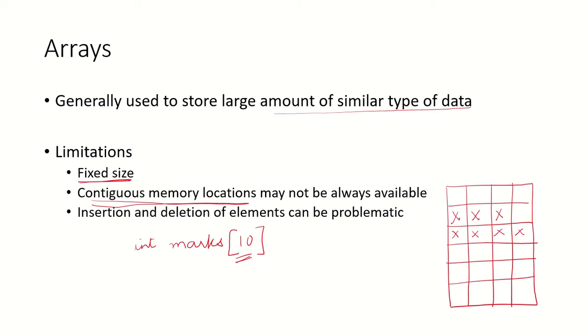So they are using consecutive memory locations. Many a times if the contiguous memory locations are not available, so suppose you had an array that was supposed to have 100 elements, and if 100 consecutive memory locations are not available, then that might cause a problem.